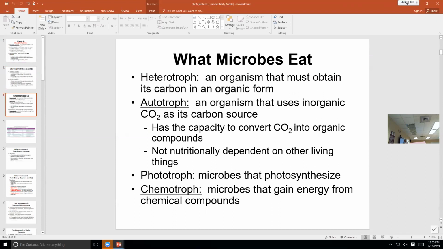Phototrophs can use photosynthesis. They can use light energy. Photo means light. So they can use light energy as a source to take carbon from the atmosphere and change it into a huge molecule of sugar. That's a good trick, isn't it? We could stand outside all day long and we wouldn't be able to make sugar, would we? But autotrophs can do that. And chemotrophs are going to be those ones that have to get energy from other chemical compounds.